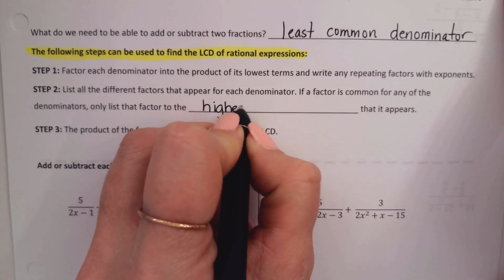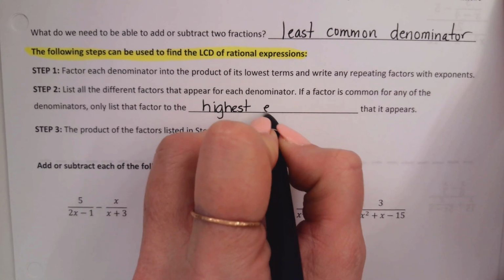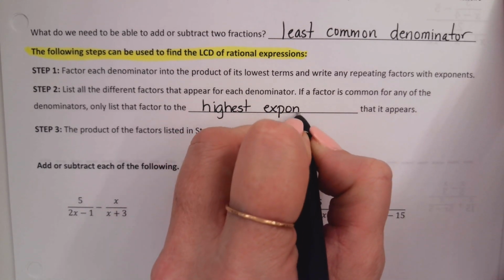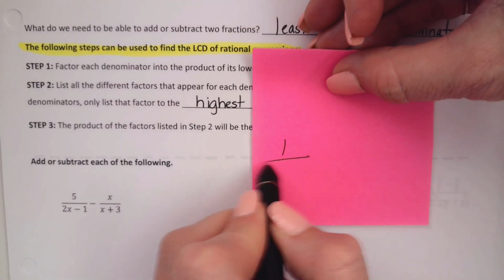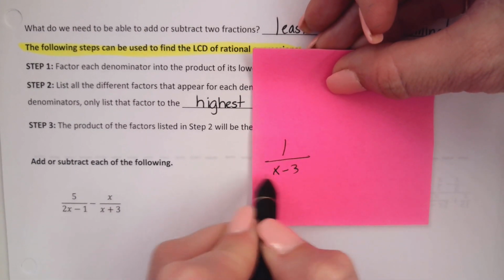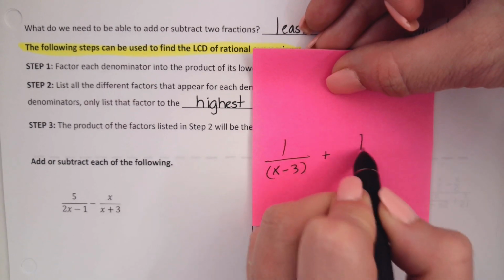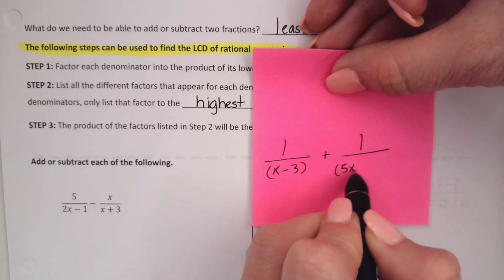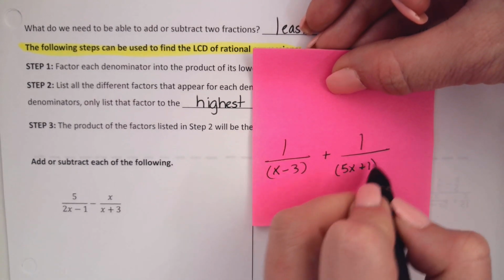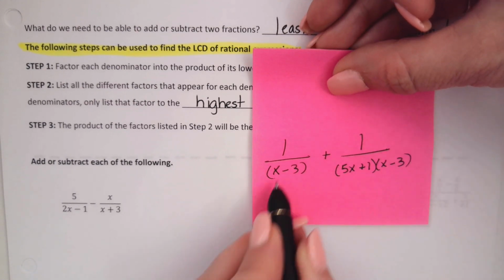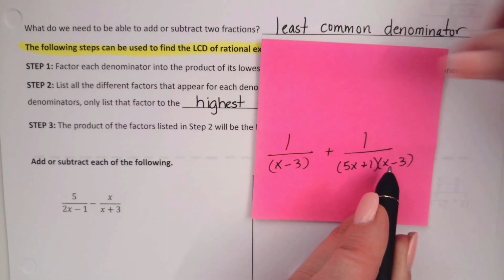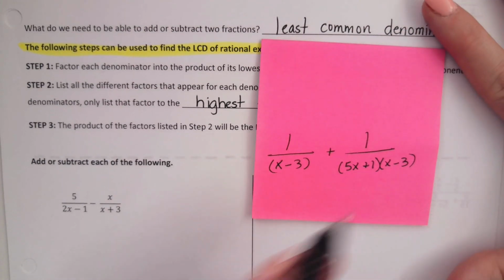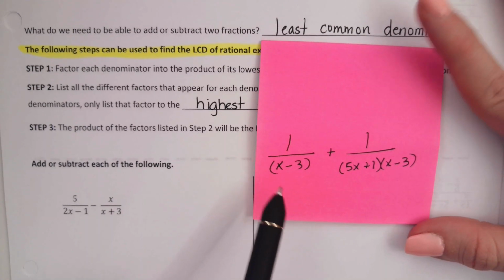So say one fraction has an x minus 3, and the other fraction has a 5x plus 1 and also an x minus 3. If this x minus 3 is in both, you don't need to write it in your common denominator twice. You only need to write it once with the highest exponent that it has.